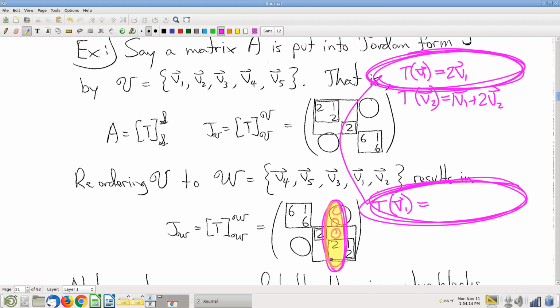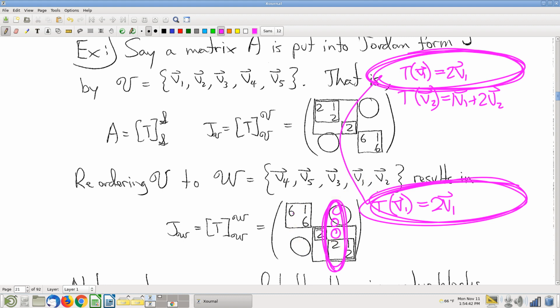So, going through the list, we have 0 V4. No need to write that down. 0 V5. No need to write that down. 0 V3. Again, with the 0. 2V1, there it is. Right? So 2V1.